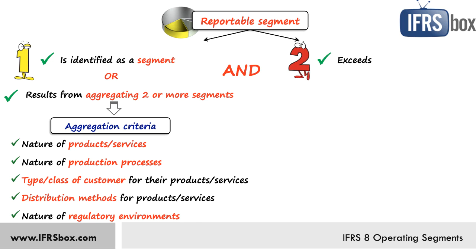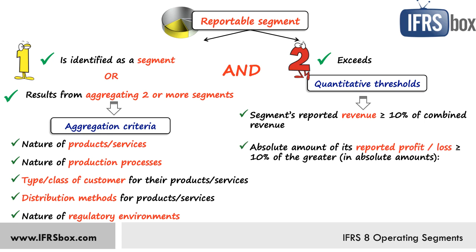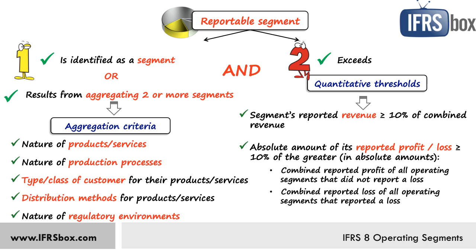It exceeds any of the quantitative thresholds as follows. Its reported revenue, including both sales to external customers and inter-segment sales or transfers, is 10% or more of the combined revenue, internal and external, of all operating segments, or the absolute amount of its reported profit or loss is 10% or more of the greater in absolute amount of either the combined reported profit for all operating segments that did not report a loss, or the combined reported loss of all operating segments that reported a loss.